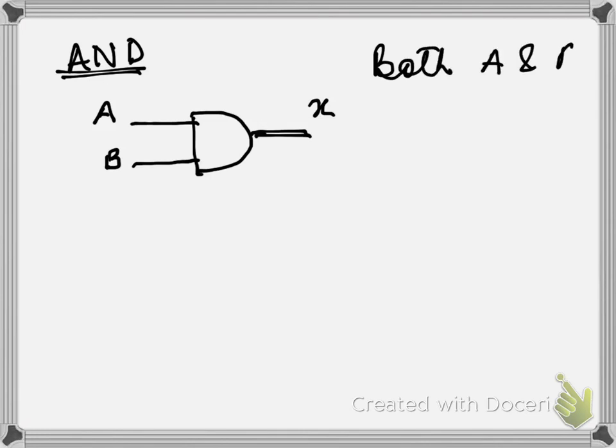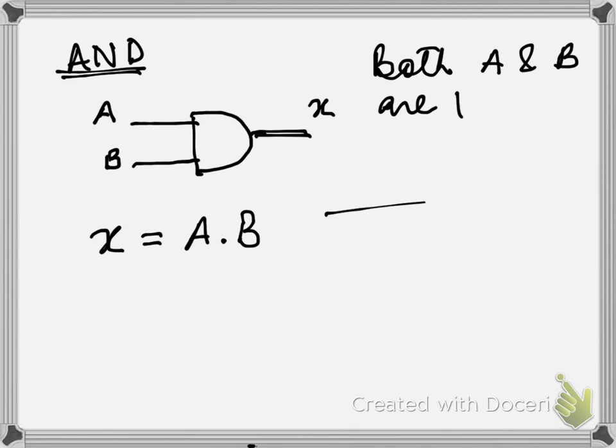The algebraic expression is X, the output, equals A dot B. This dot represents the AND operation. And what is the truth table?